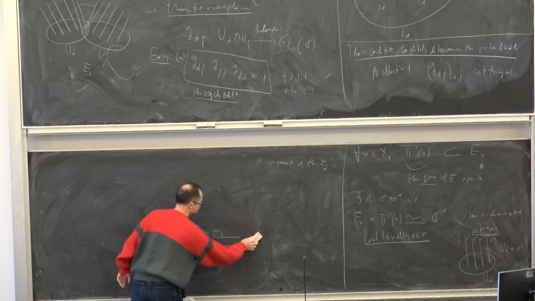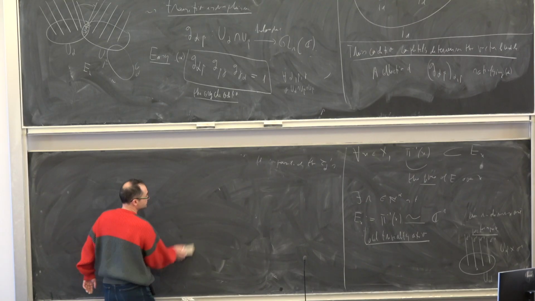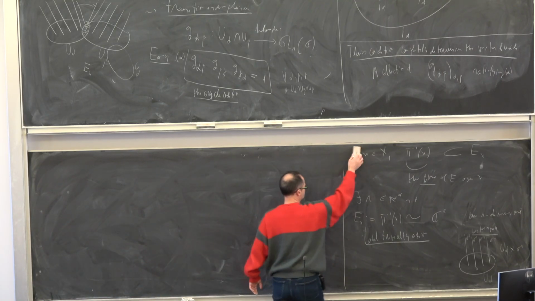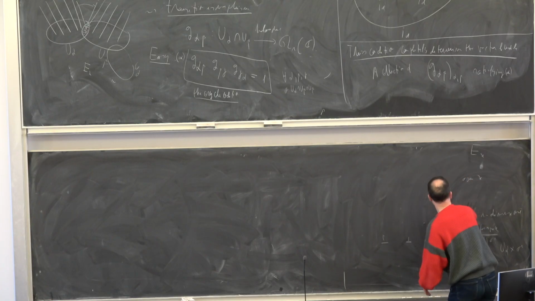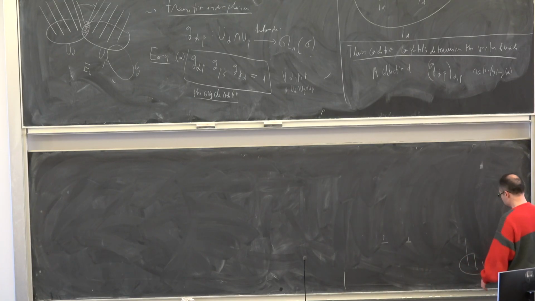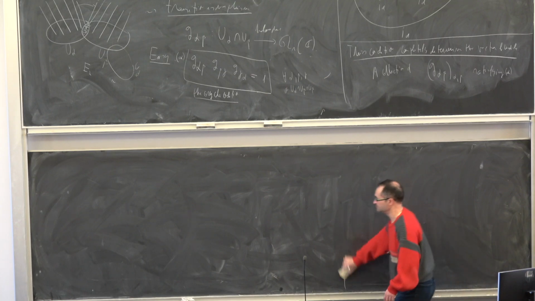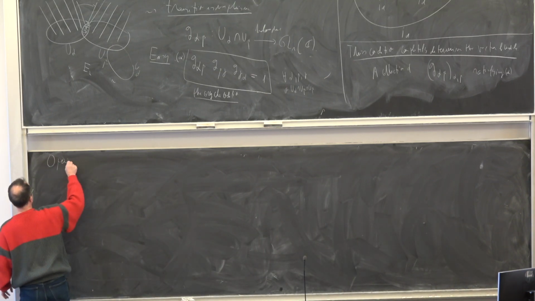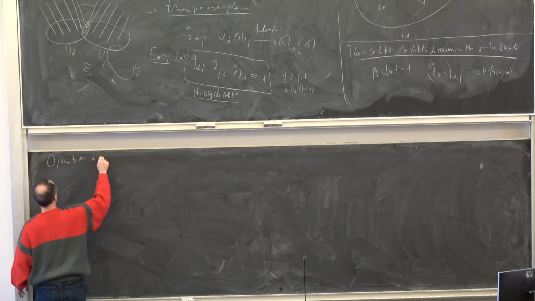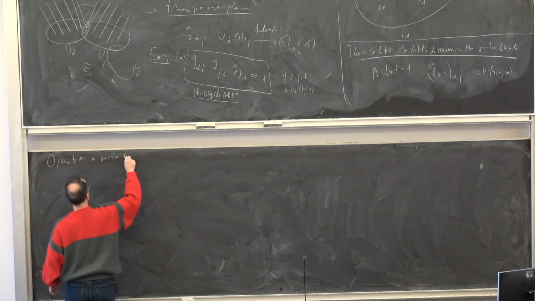That is, direct sums, tensor products, duals, symmetric powers, wedge powers, and so on. And each such operation corresponds to an operation on its transition automorphisms.